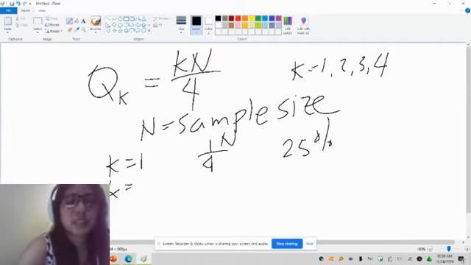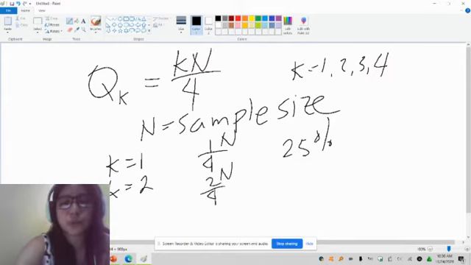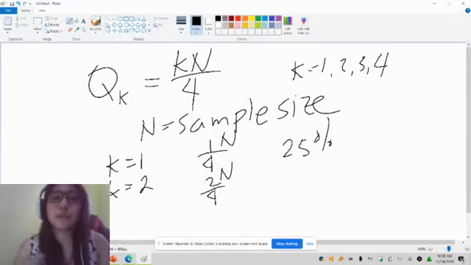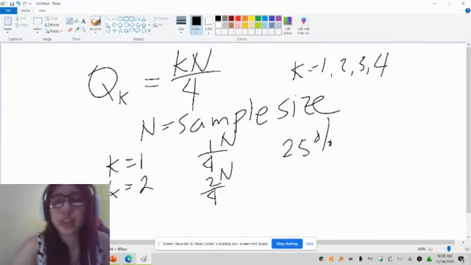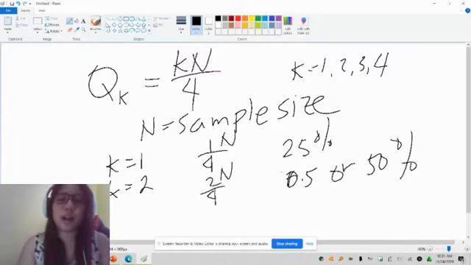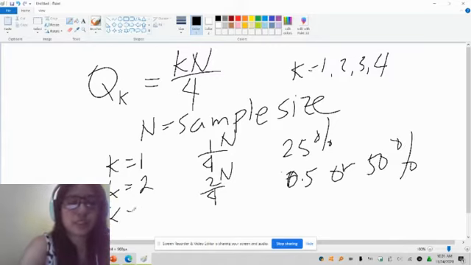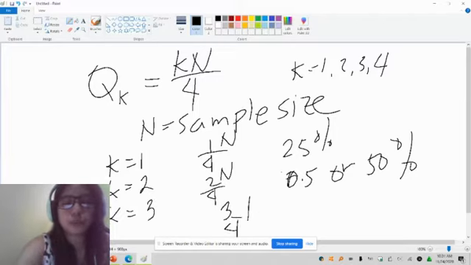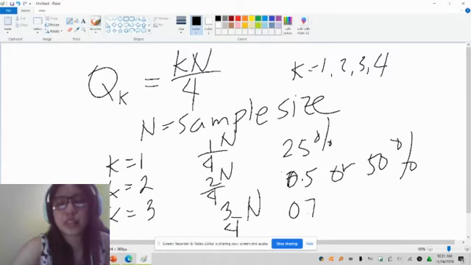For K equal to 2, that is 2n over 4, which means we are talking about 0.5, or 50% of our distribution. If K is equal to 3, this is 3/4 of n, or 0.75, or 75% of the distribution.